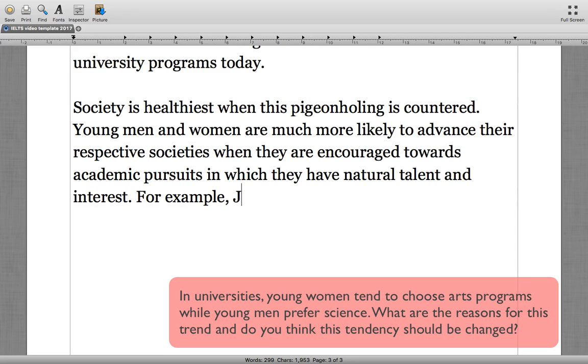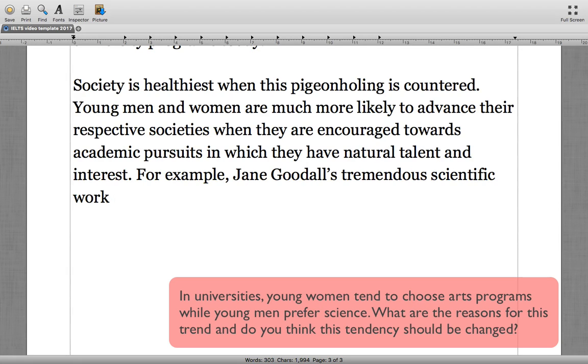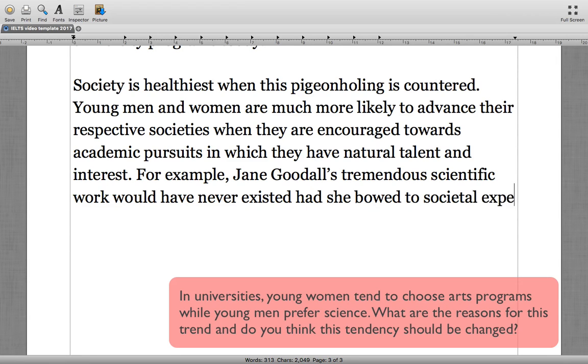So for example, Jane Goodall's tremendous scientific work would have never existed had she, let's say, bowed to societal expectations.